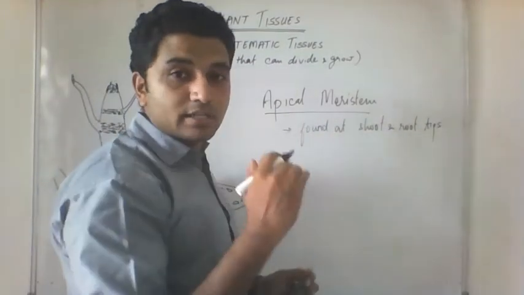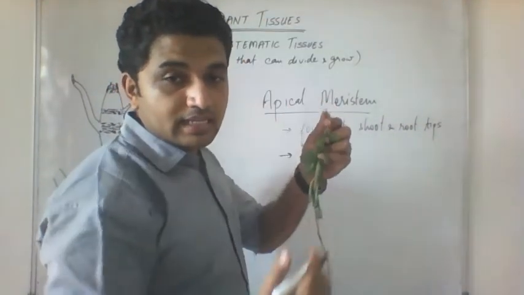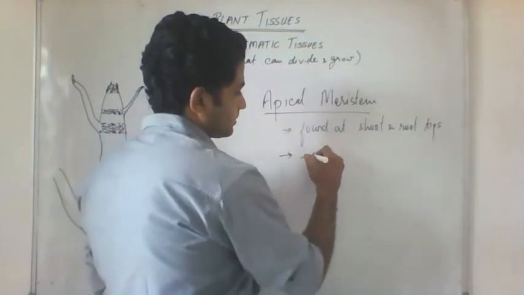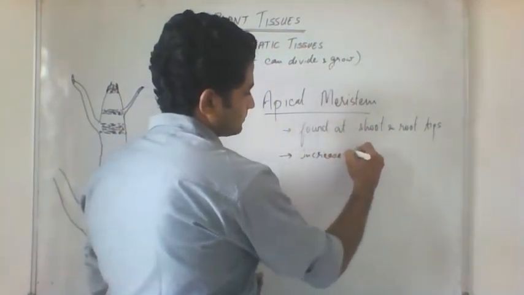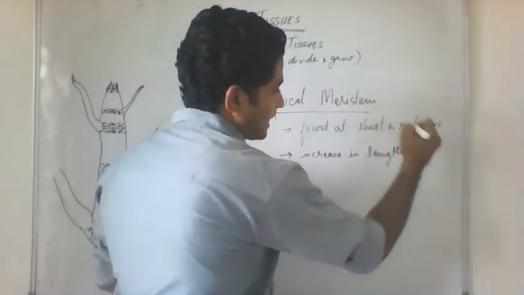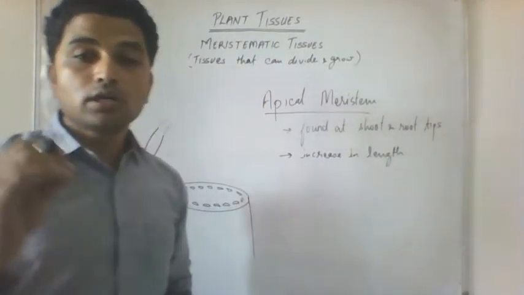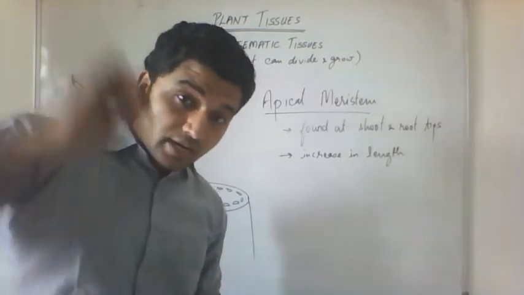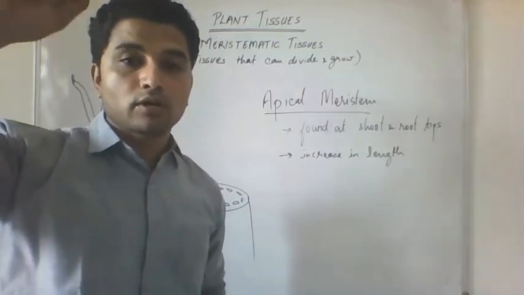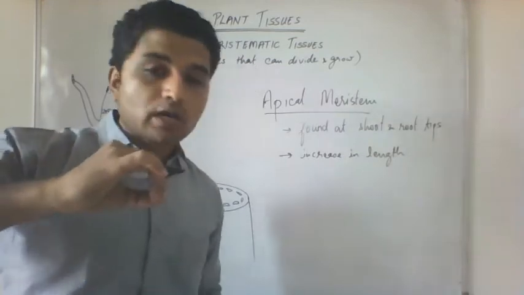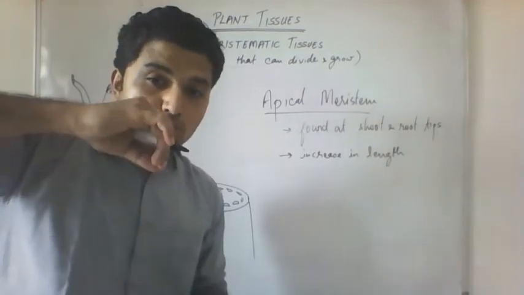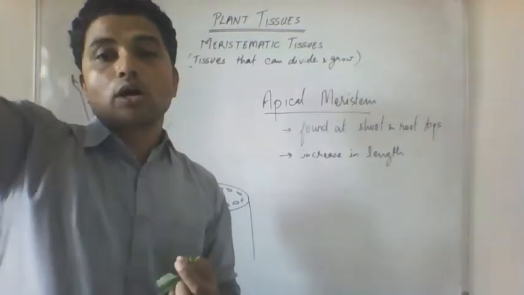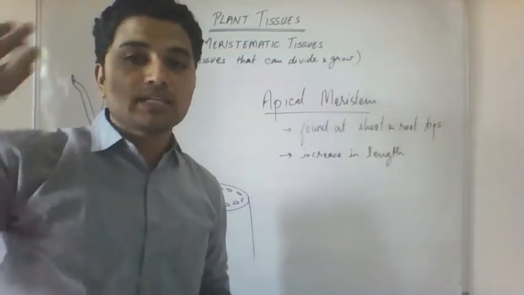Apical meristem is causing increase in length. It leads to the increase of length of the plant, even under the ground and above the ground. The roots will go under the ground, shoots will go above the ground, the length of the plant is increasing.